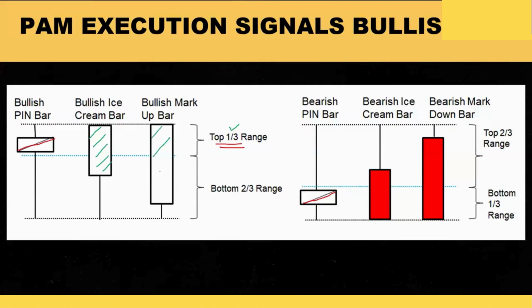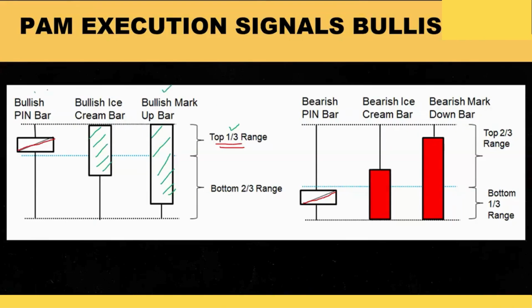If the bar body is at least 2/3 of the bar range, the bar will definitely close above the 1/3 range. This is just mathematics. Agree? We call this a bullish markup bar.